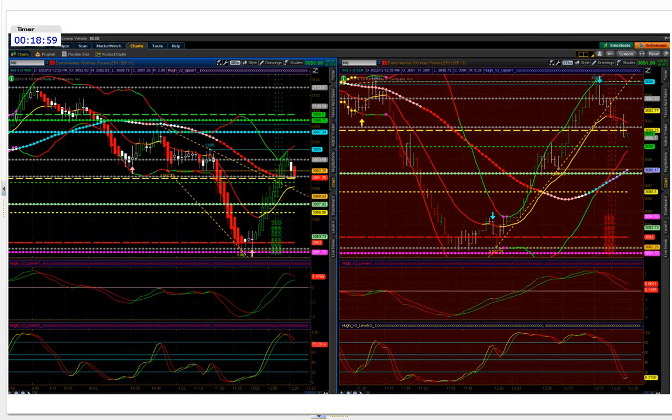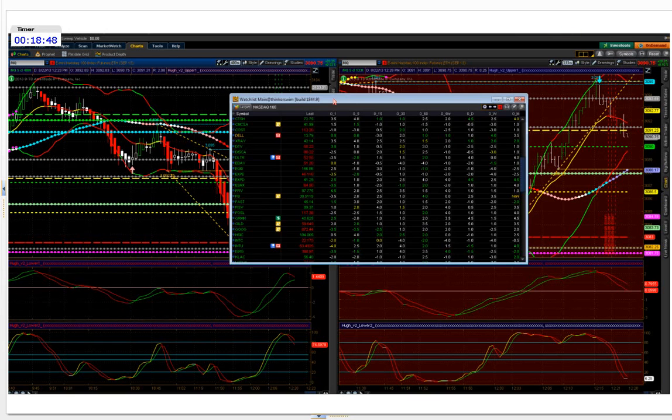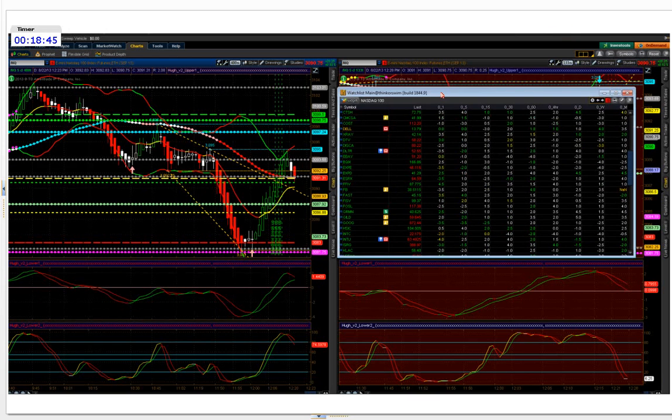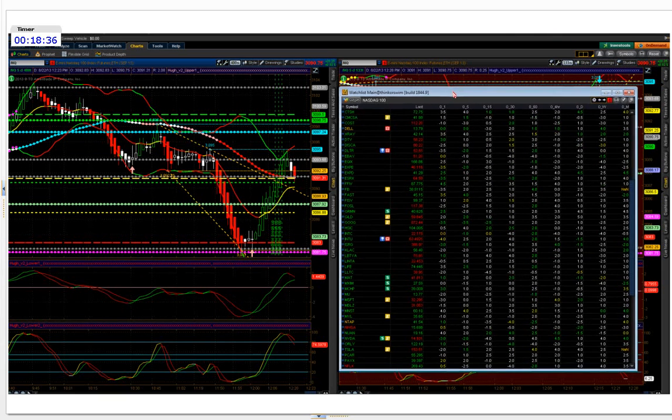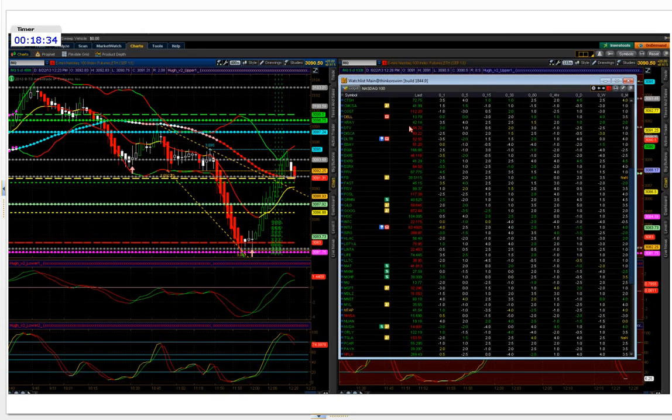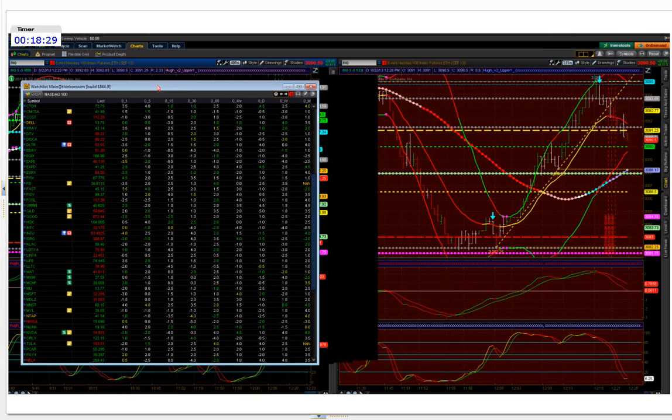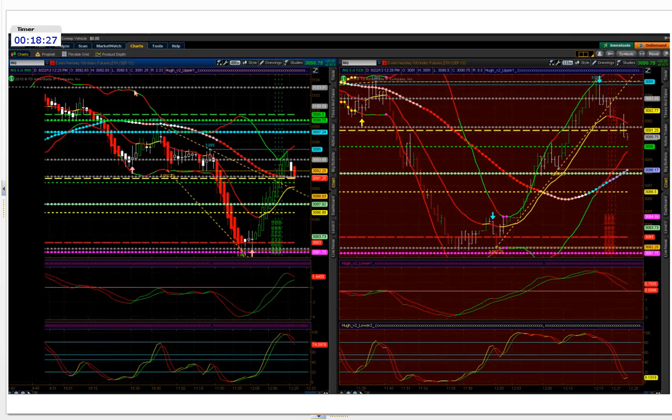Let me show you the scanner that we use, since we're kind of in this limbo phase. This is also something we've developed, and this is a matrix, and it's based on our trading model. A second here.